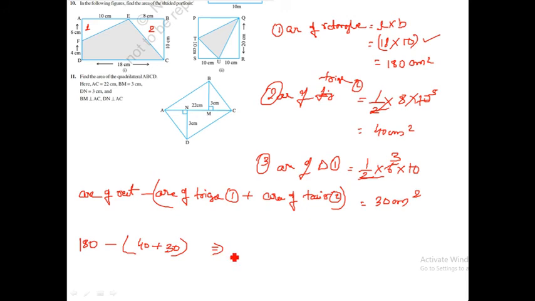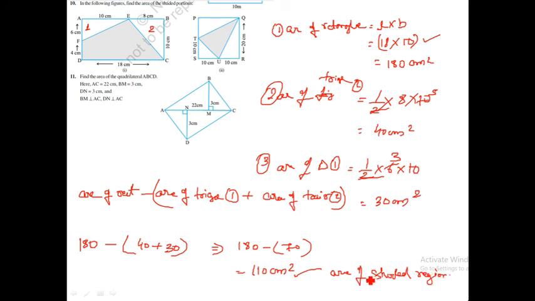On simplifying this, we have 180 minus 40 plus 30, that is 70, and finally we have 110 centimeter square. Now this is nothing but the area of the shaded region.